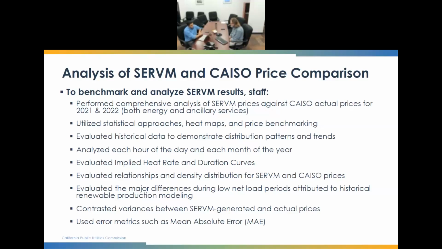We used the inflation rate and duration curve, and looked at the density distribution for Servem and CAISO. Then we evaluated the major difference using the low net load period, and we used the mean absolute error to look at how good we are with our forecasting.